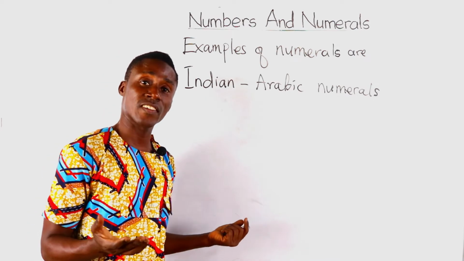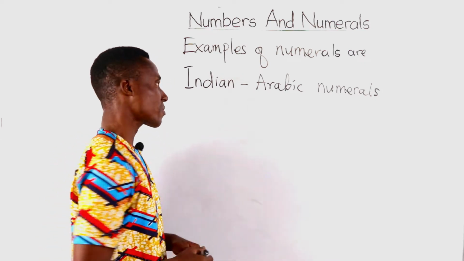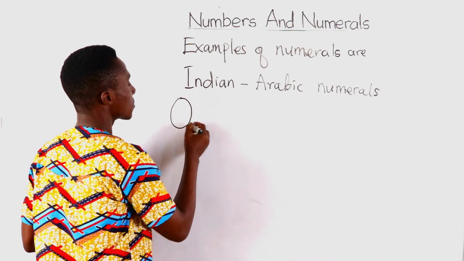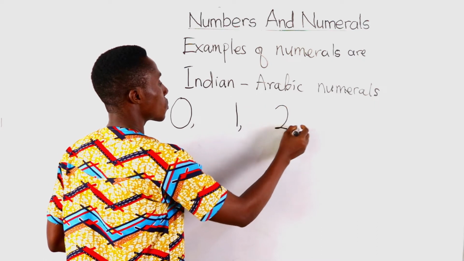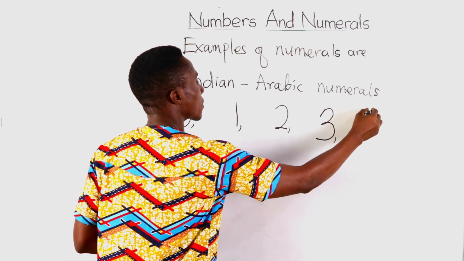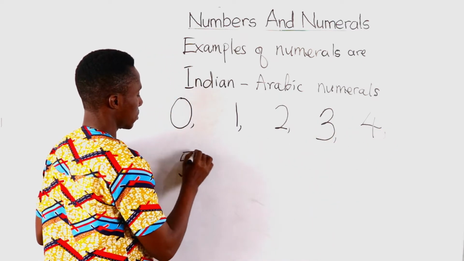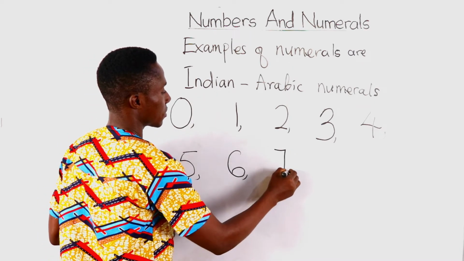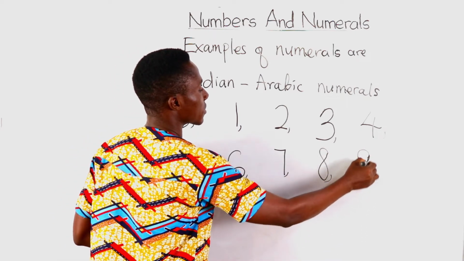So what are the Indian Arabic numerals? They are 0, 1, 2, 3, 4, 5, 6, 7, 8, and 9.